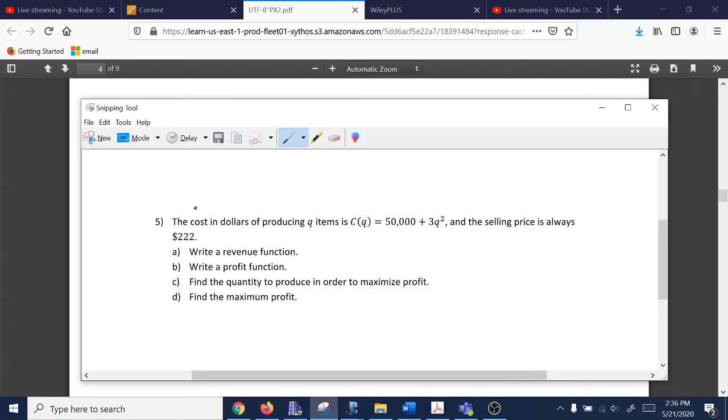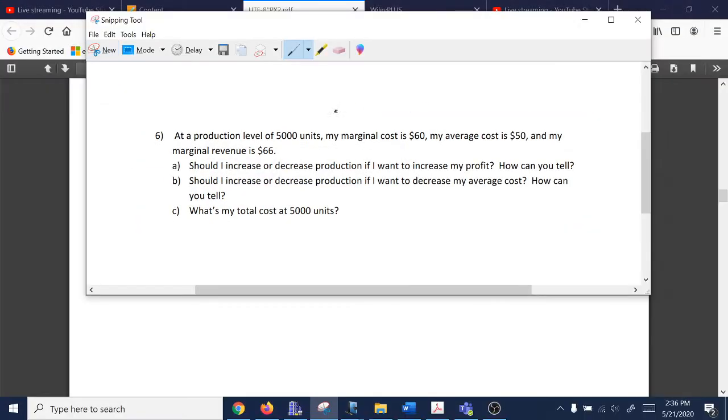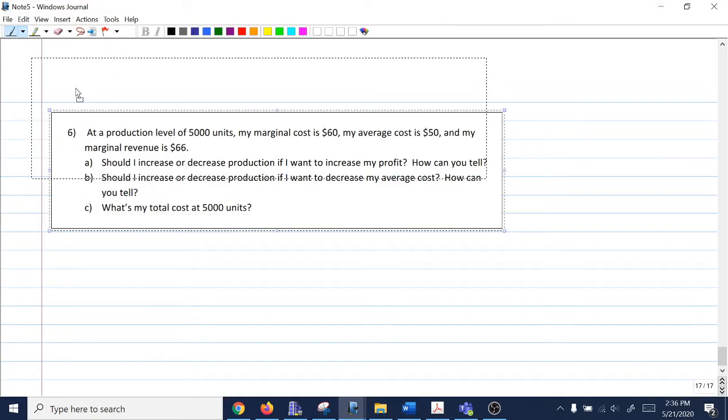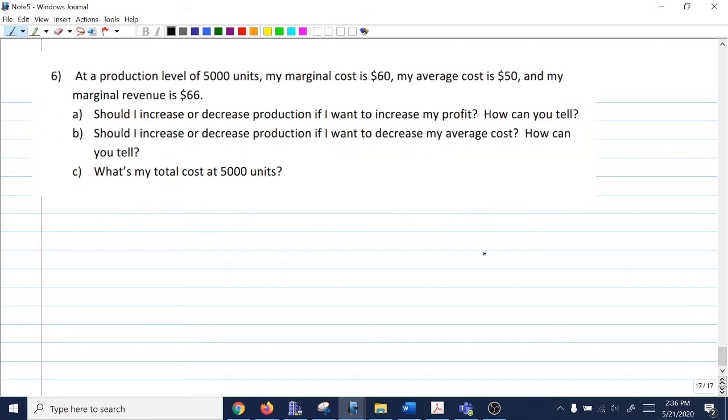6. This feels like a Goldilocks thing. At a production level of 5,000 units, I know my marginal cost, I know my average cost, I know my marginal revenue. If I want to increase my profit, what should I do?